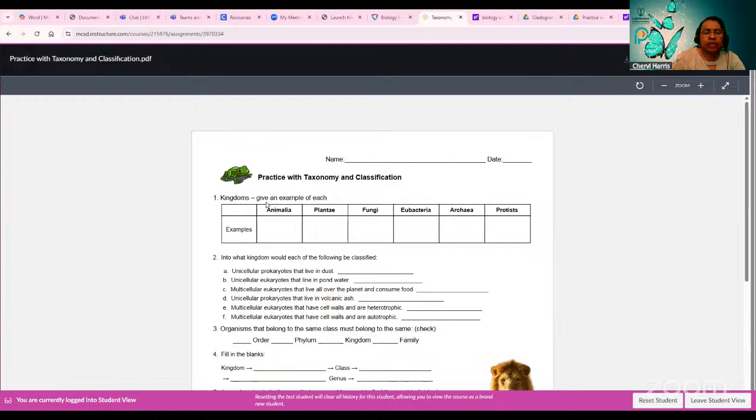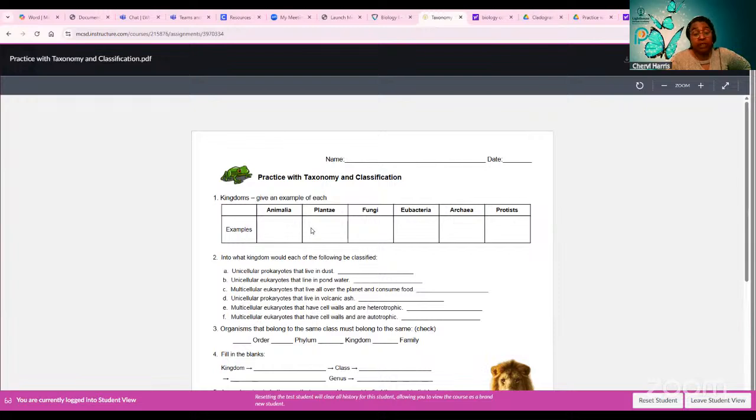So for this, the kingdoms have been named for you, but they want you to give an example of an organism that falls under each of those headings. All right, so these are the kingdoms. And when they say example, for example, we would fall under Animalia, so you can say humans, and then don't just say plants, name a plant, name a type of fungus, name a type of eubacteria, name an archaea, those are kind of bacteria too, and name a protist.